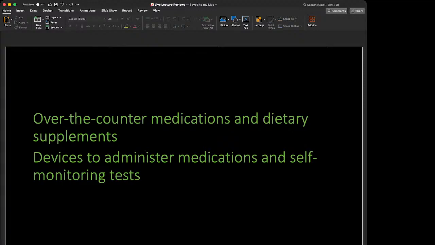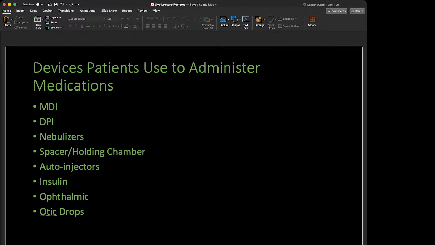It's not a whole lot of material here, but at least you'll have an idea as to what to look out for whenever you're counseling patients on these types of medications. So these are some of the devices patients would use to administer medications. In MDI and DPI, you might see them being used similarly, but there are some differences as well, so it's important to note those differences.